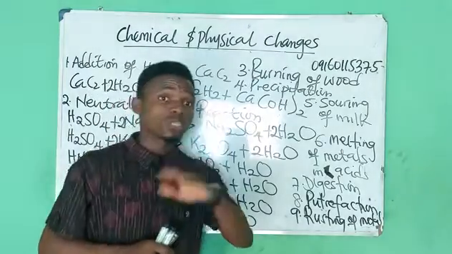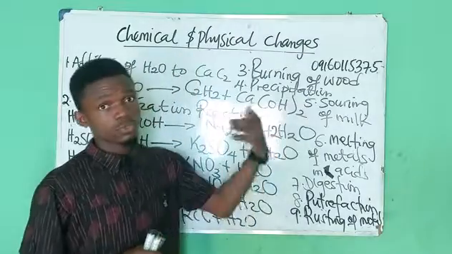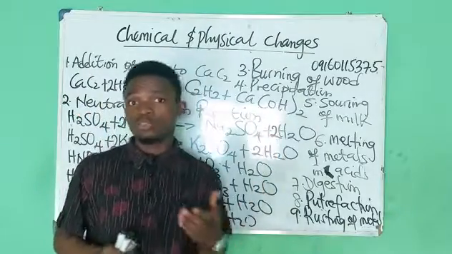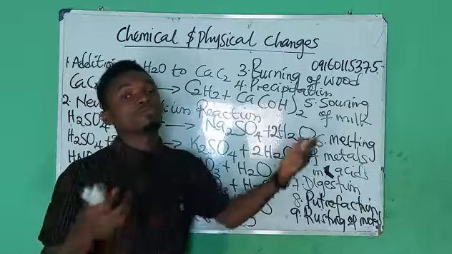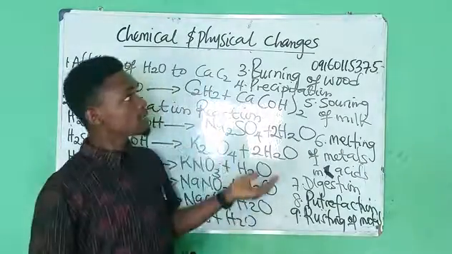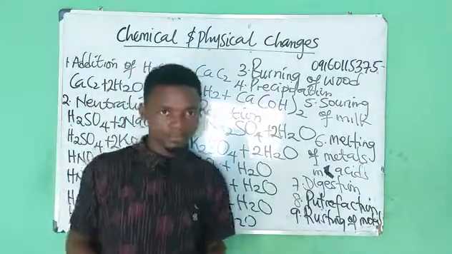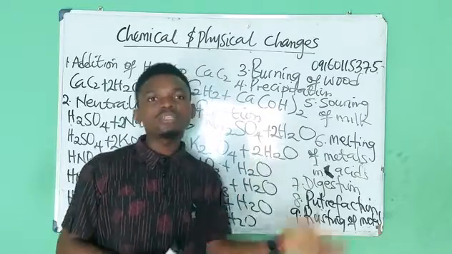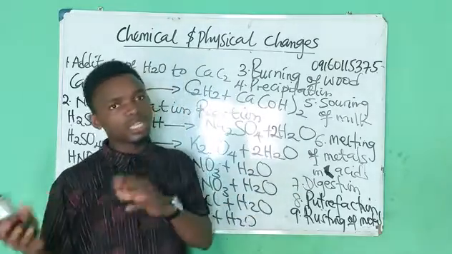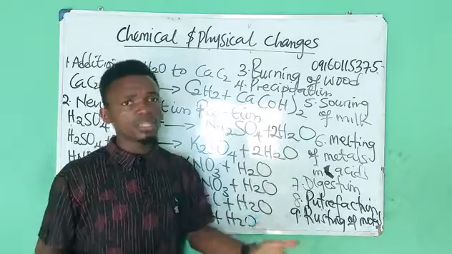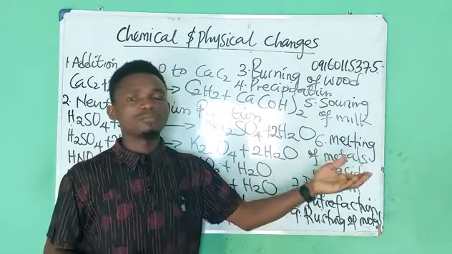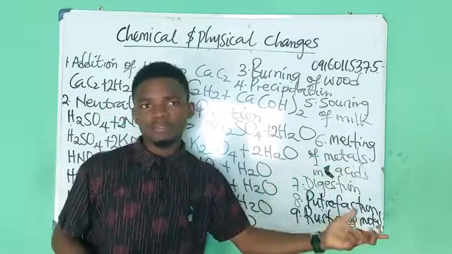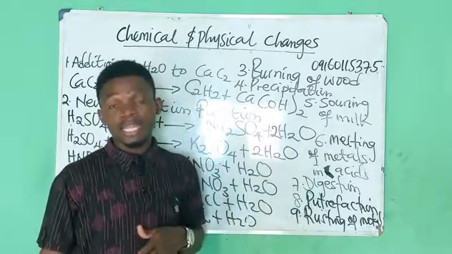That is the addition of sodium chloride or potassium chloride to water, or addition of salt to water. Another example of physical change is melting, the process whereby a solid changes to liquid. For example, ice melts to liquid and now I have water.